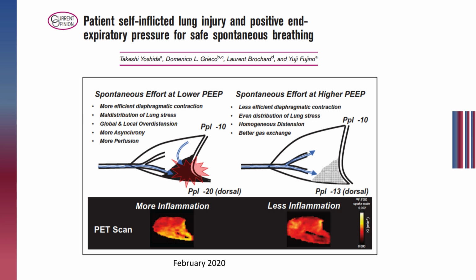And this is due to vigorous diaphragmatic excursion, because these are areas of lung that are quite poorly compliant, so they're very consolidated. The patient is sucking very hard on the ventilator to try and draw gas into that dependent part of the lung.